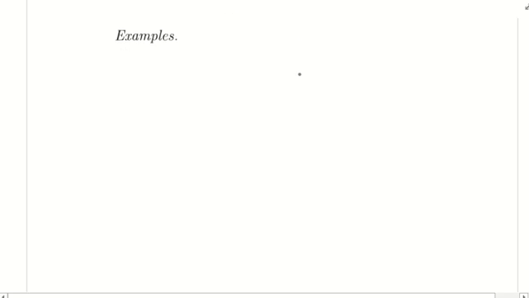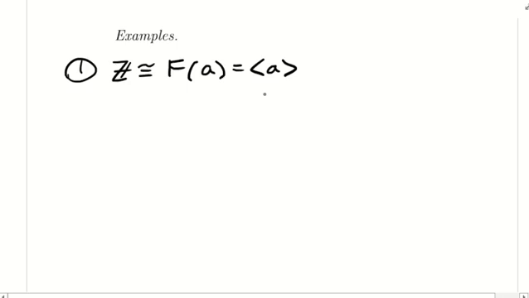Okay, and here's some quick examples for you. So the first one, Z, this is kind of silly. So this is the free group on a single generator, right? We've already seen this. We've already used this notation, okay? So that is, it's got the generating set A, but no relations, okay?